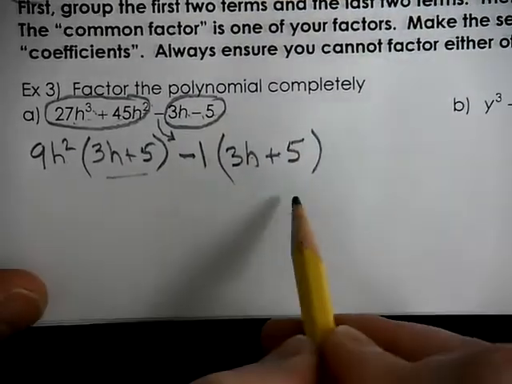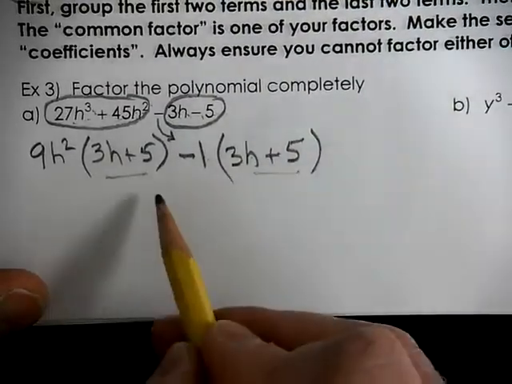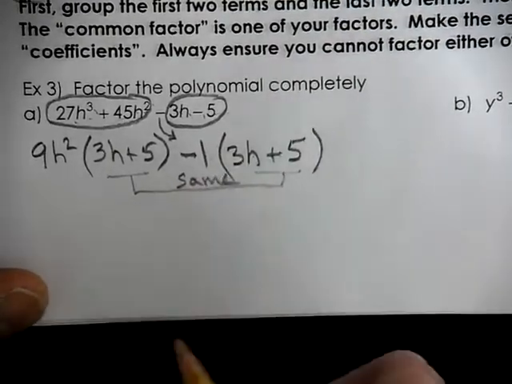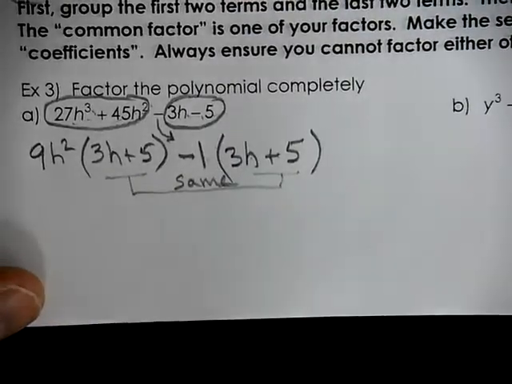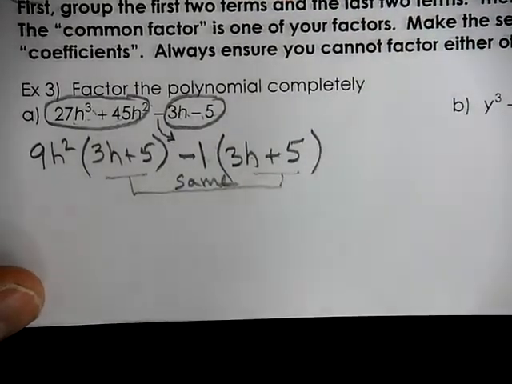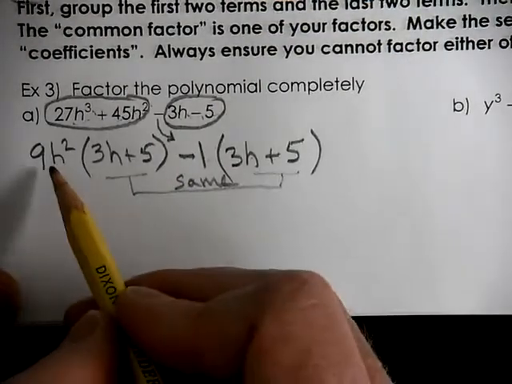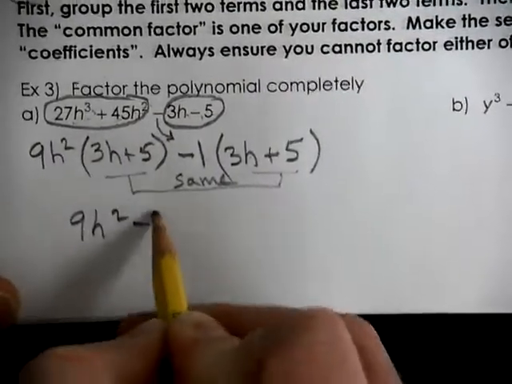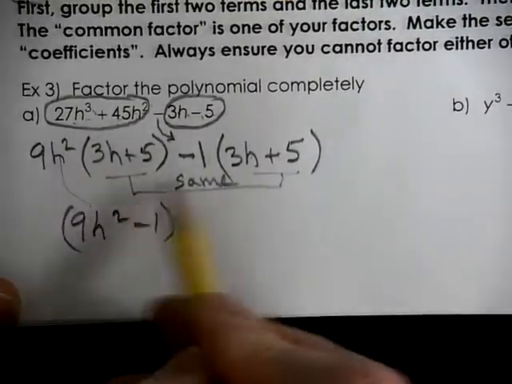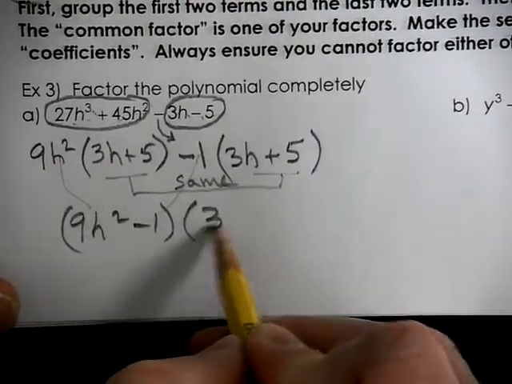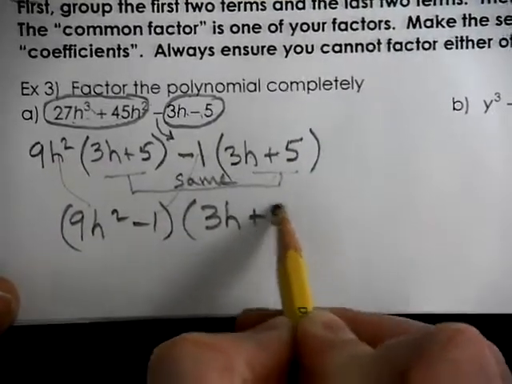Notice inside the parentheses here, they are exactly the same. They have to be exactly the same. If they're not exactly the same, then you can't factor it by grouping. We're going to experience that in the future. So this is going to be 9h squared minus 1, and then 3h plus 5.